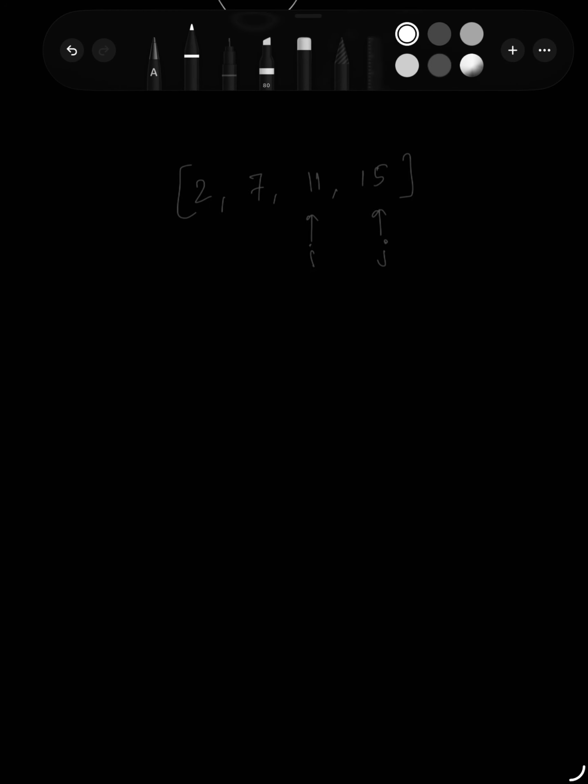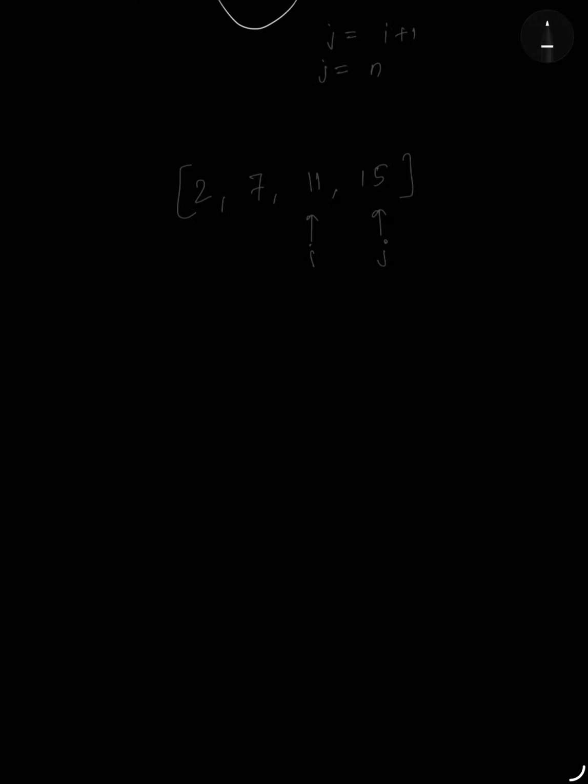After that, if I move i to this position, this is the only last position, and after that there is no element. So ideally the for loop for i equals 0 will run one step less, till n minus 2 actually. And then inside this, j will run from i plus 1 till n minus 1.